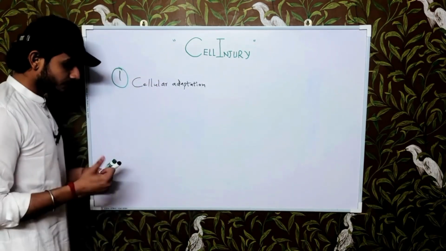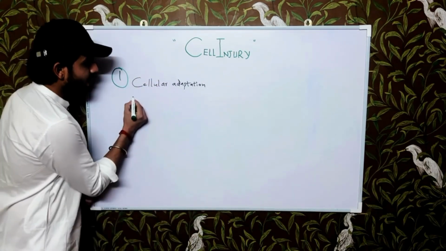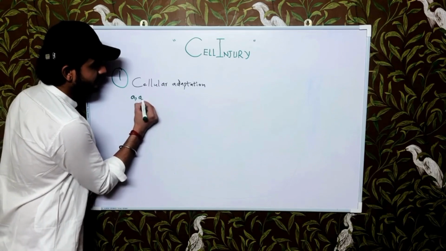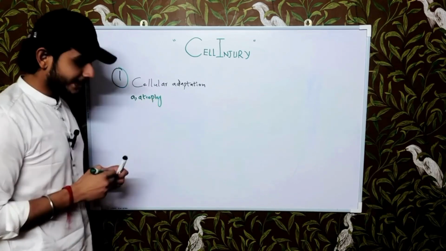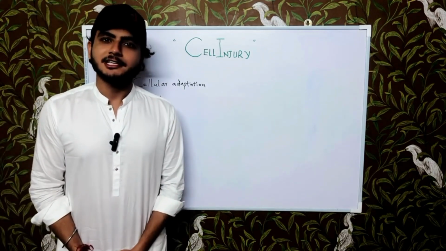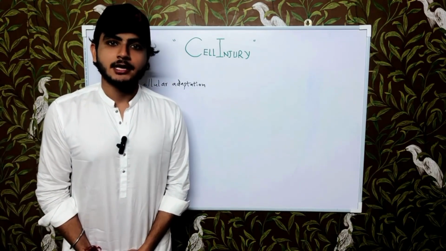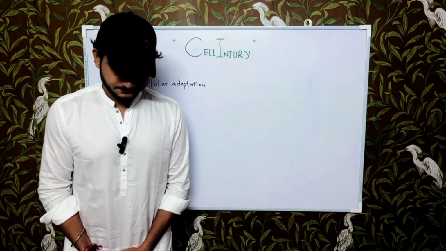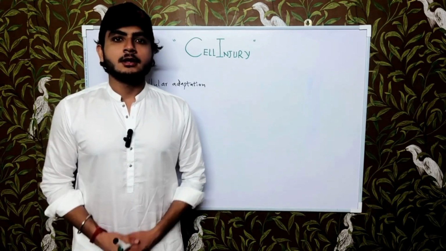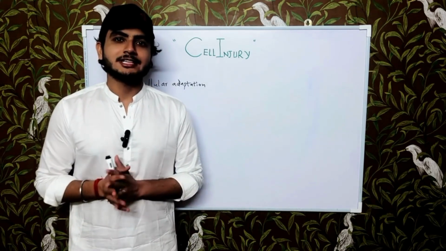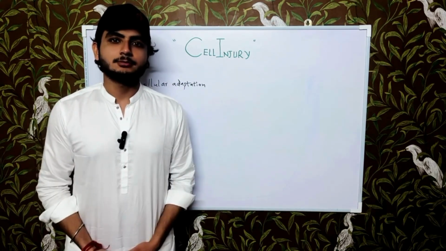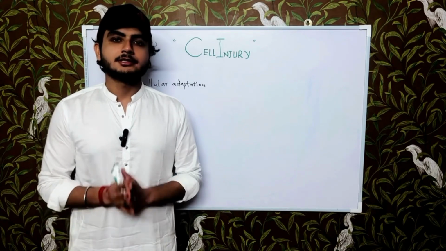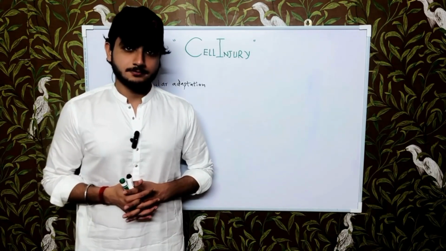Right now, we are discussing the first cellular adaptation, that is atrophy. Atrophy means the decrease in both cellular number as well as cellular size. The mechanism which causes atrophy, we'll be discussing in the next video, but right now we only discuss the definition of atrophy.